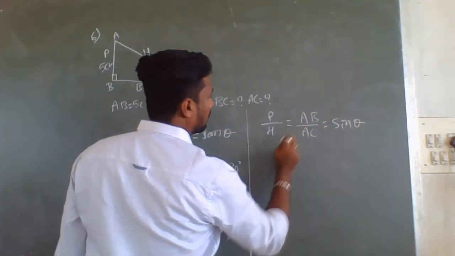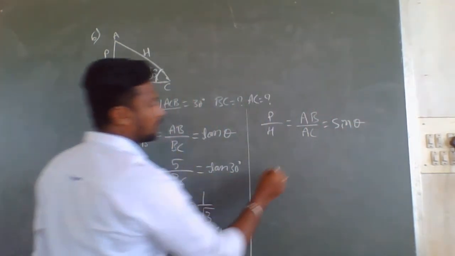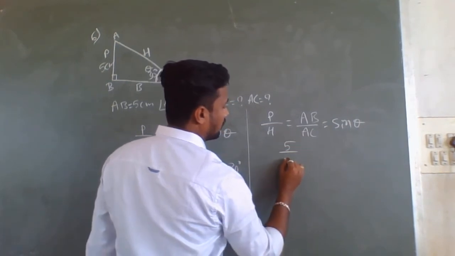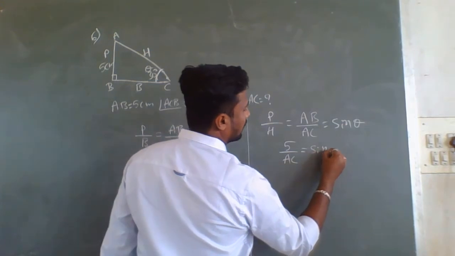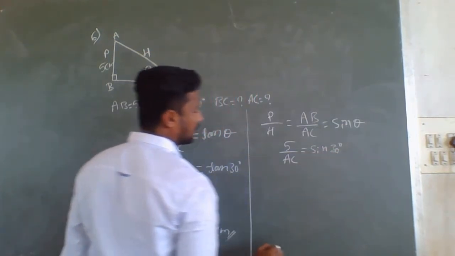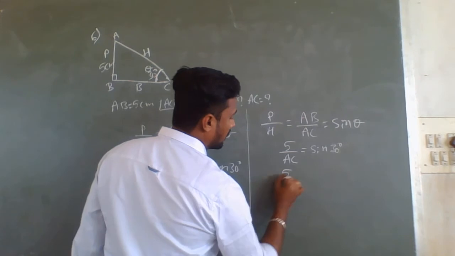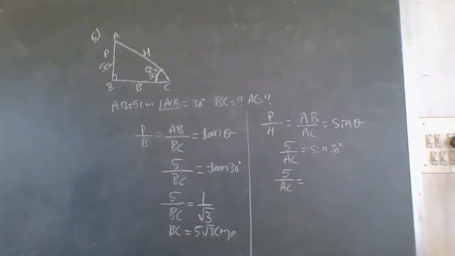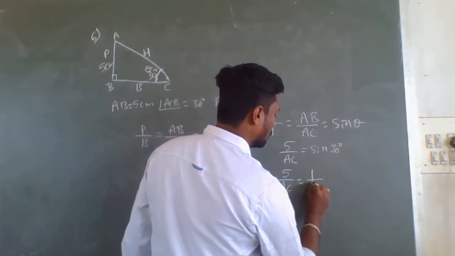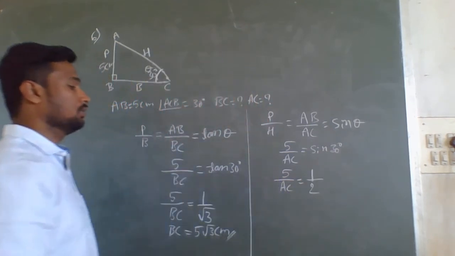So here the length of AB they have given is 5 centimeters, and you have to find the length of AC, and here the theta value is 30 degree, so I will write sine 30 degree. So now 5 by AC equals the sine 30 value. Again you can check it in the table, sine 30 value is 1 by 2.